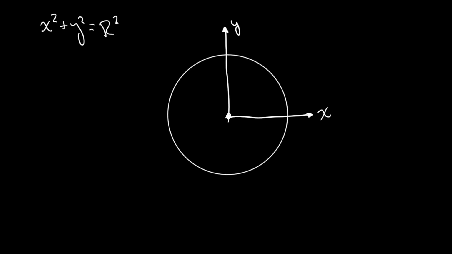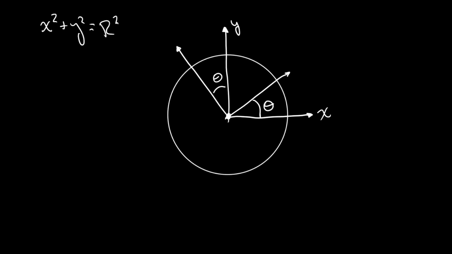So if I rotate the circle by some angle theta, and I'll show it rotating in this direction, we can see that it's exactly the same as if instead I rotate my axes like this, where the axes still are at 90 degrees to each other, so each axis gets rotated by the same angle theta.